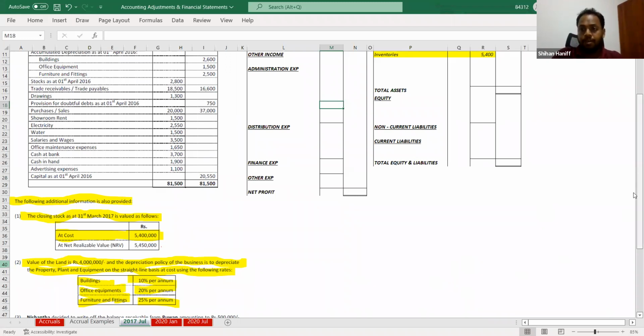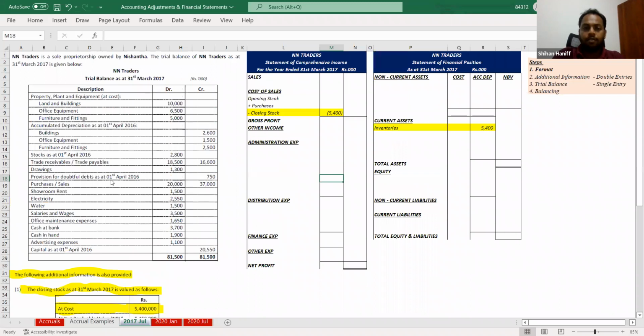So when you have the depreciation, first record the cost in the statement of financial position: land, building, equipment, furniture and fittings. So let's write them.